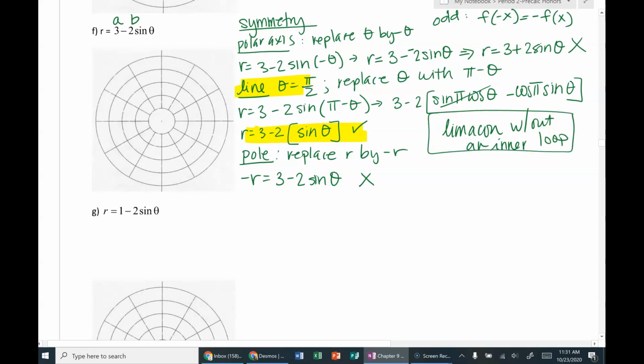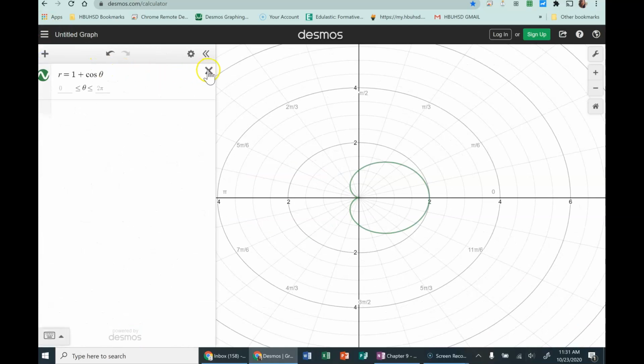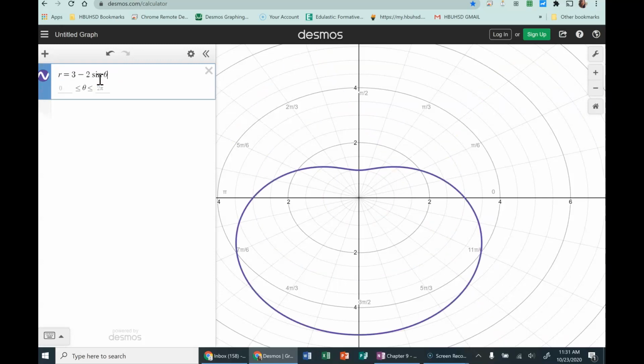Okay, so now let's use Desmos to help us out with this graph. I will now flip my computer. I will erase the cardioid and enter in r equals 3 minus 2 sine of theta.